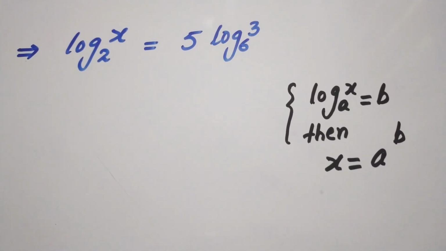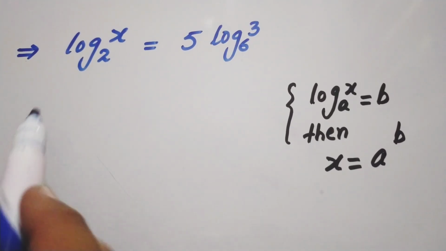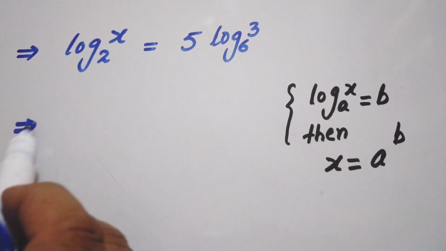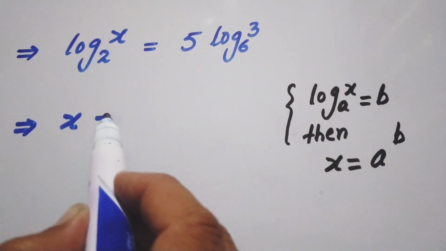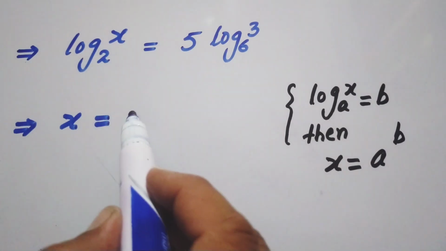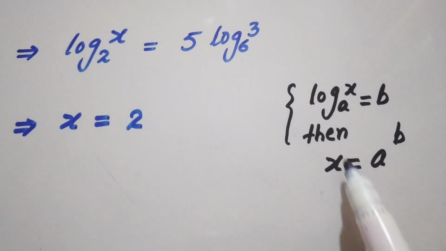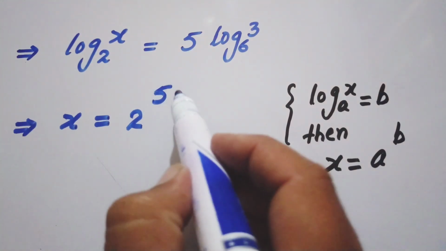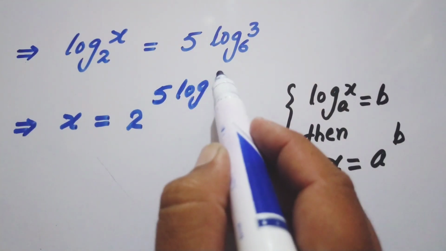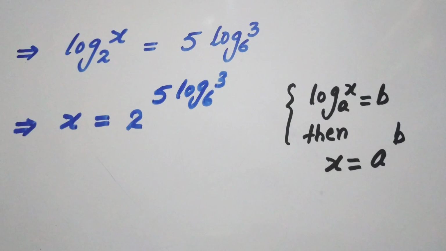Using this form, this will become x is equal to 2 power 5 log 3 to the base 6.